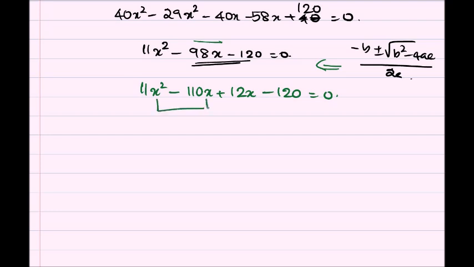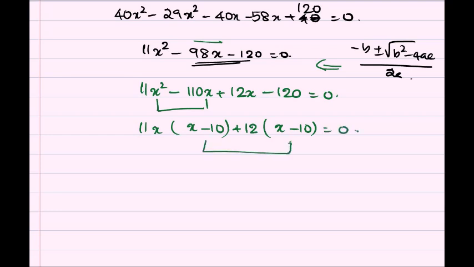From these two terms, I will take 11x as common. 11x into x minus 10, and from here I will take plus 12 as common, then x minus 10 as the remaining is equal to 0.